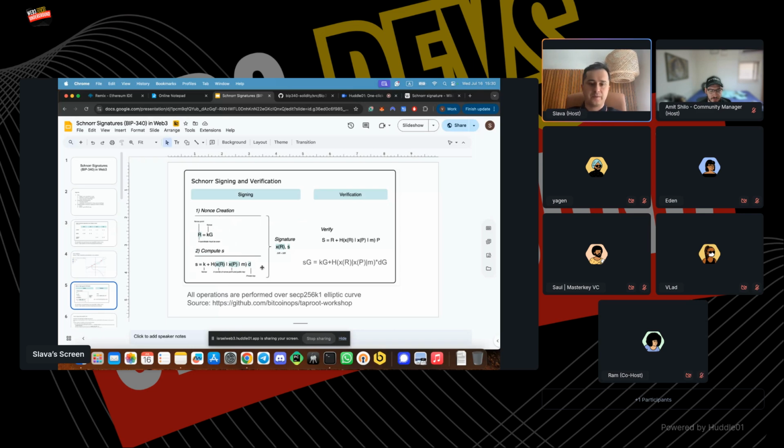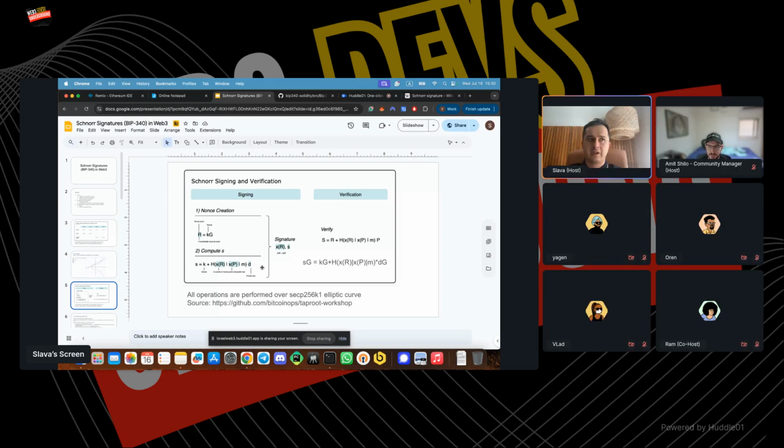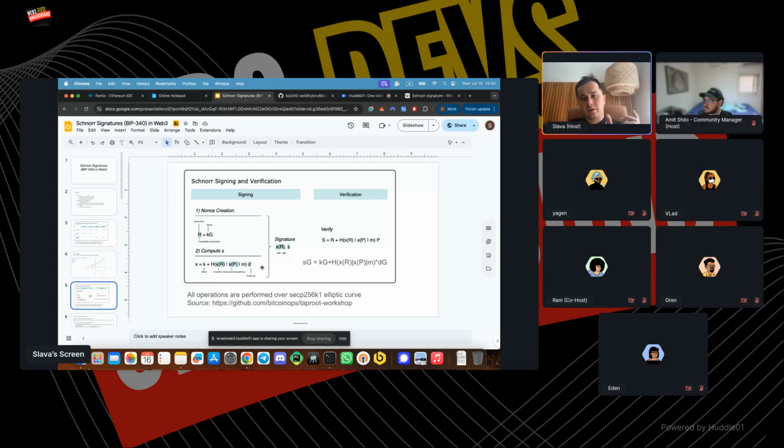So the signature is basically 64 bytes. It can be split into two parts: the first 32 bytes and the second 32 bytes. The second 32 bytes is just S, the number that we computed here. And the first 32 bytes is just the X coordinate of R. R actually is not a public key.